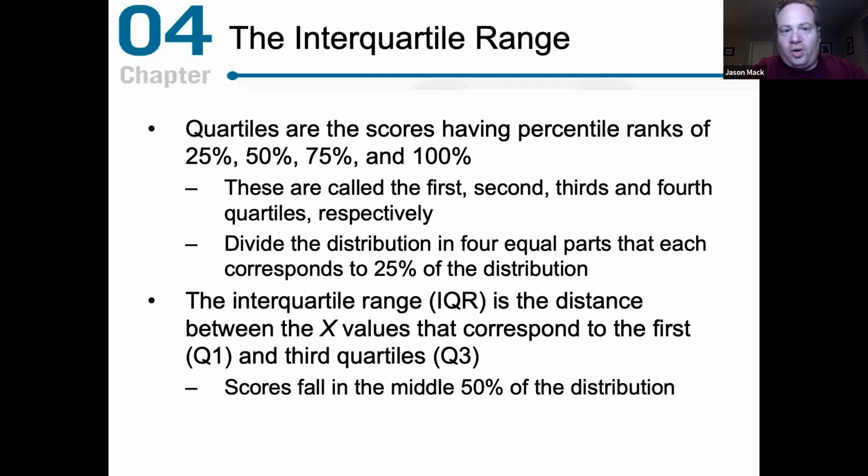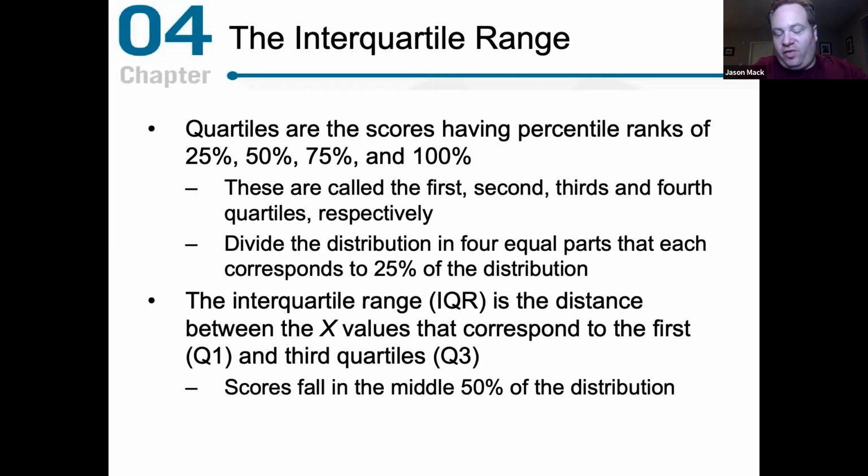So we have the interquartile range. Quartiles are percentile ranks. You have 25, 50%, 75, and 100%. These are called the first, second, third, and fourth quartiles, respectively. And they divide the distribution into 4 equal parts that each correspond to 25% of the distribution. The interquartile range, or IQR, is the distance between the X values that correspond to the first quartile and the third quartile.